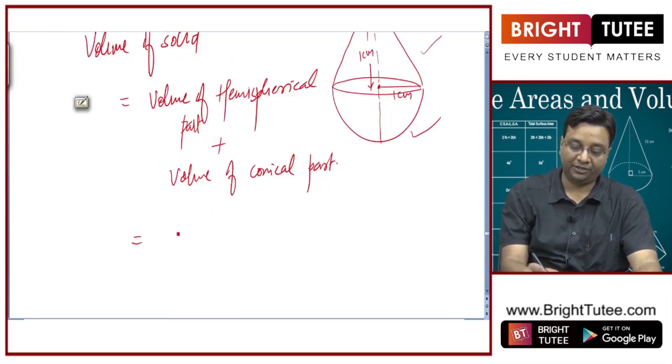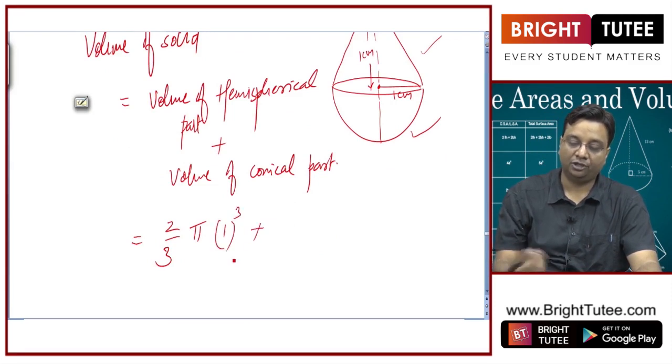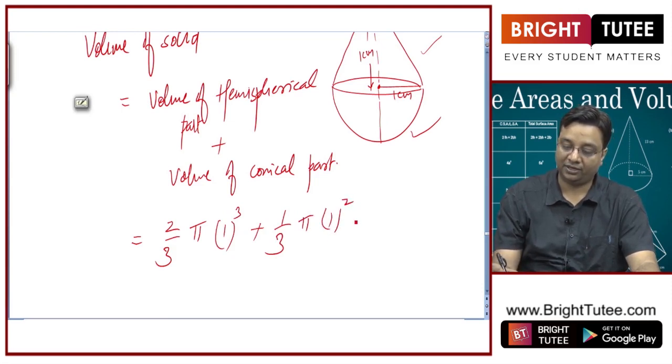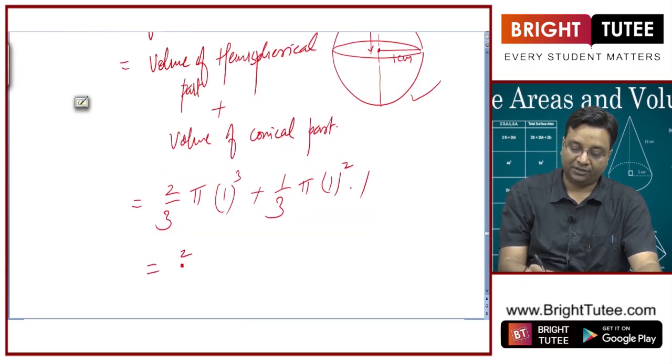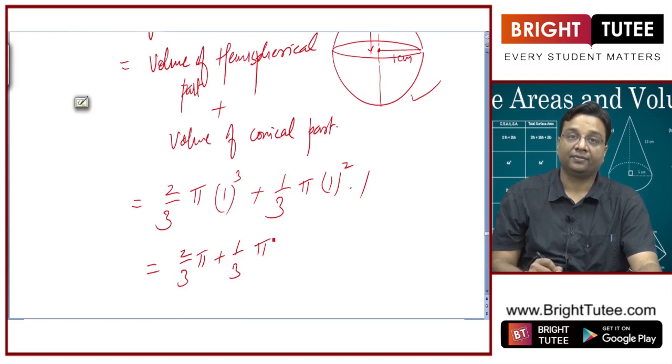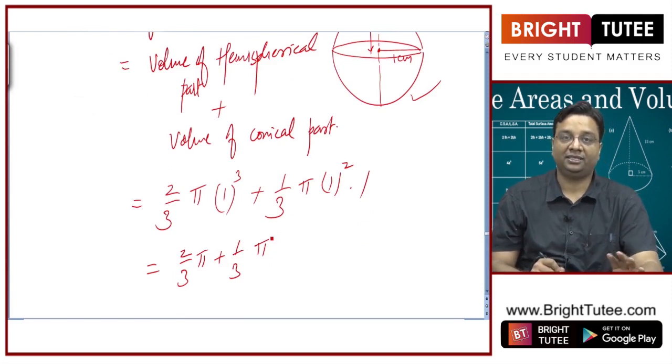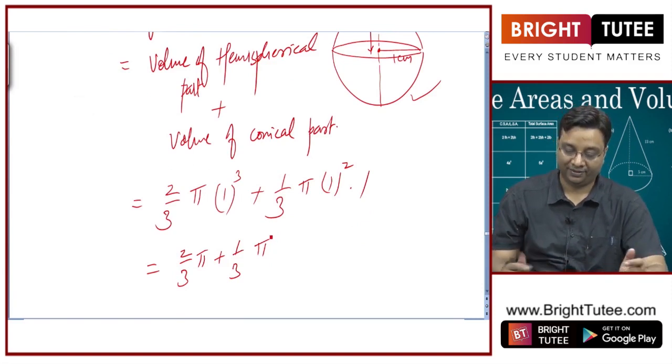So volume of hemispherical part is 2 by 3 pi r cubed, which is 1 cubed, and volume of conical part is 1 by 3 pi r square h. R is 1, so square it, into h is again 1. So this is effectively 2 by 3 pi plus 1 by 3 pi. 2 by 3 plus 1 by 3 is 1, right.